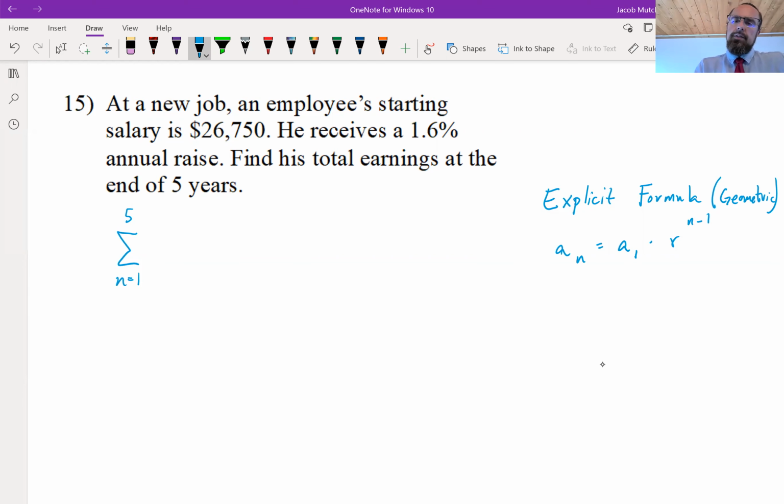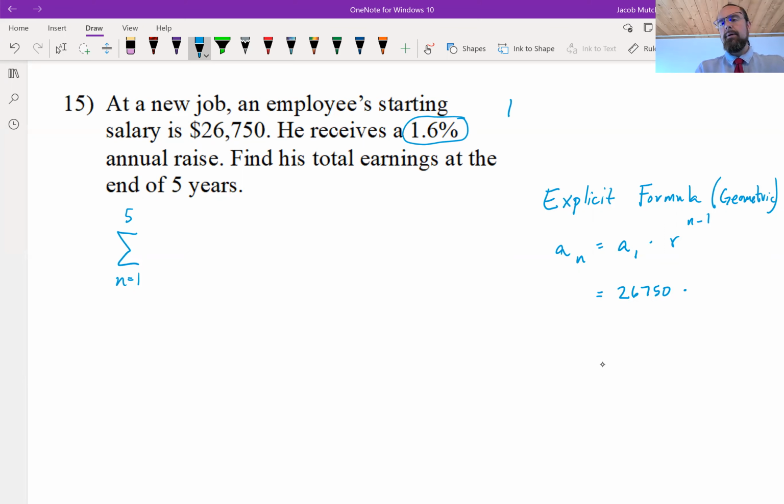So thinking about the situation, we know that the first term is going to be the starting salary, $26,750. And we're going to multiply that times the common ratio. So we got to build that. The employee is getting a 1.6% annual raise. So it's going to be the starting salary.